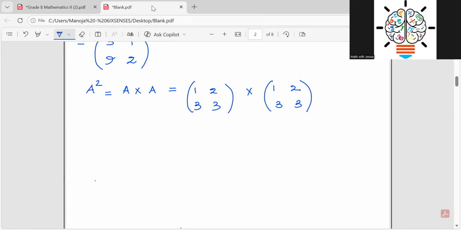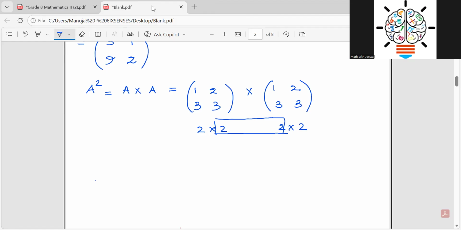Before multiplying, you want to see the compatibility of the multiplication, right? How are we going to do that, children? 2 times 2 and 2 times 2. First, you write the size of the matrix. Then you check these middle numbers. If they are equal, these two matrices are compatible for multiplication.